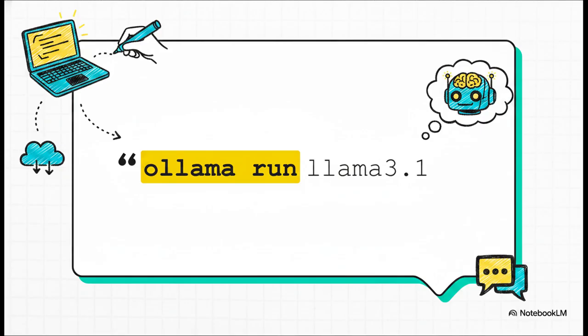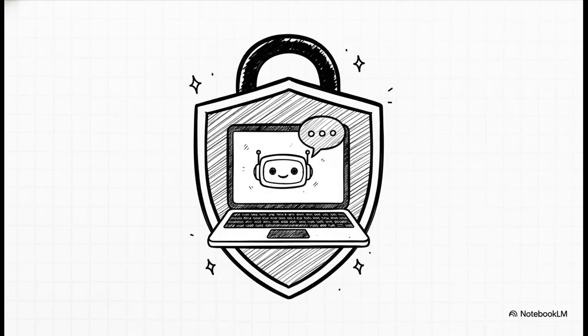Now here's the best part. Ollama is smart. It'll check if you have that model. If you don't, it just automatically downloads it for you, loads it up, and boom, you're dropped right into a chat. And just like that, you're doing it. You are now in a direct conversation with a state-of-the-art AI model that is running completely, 100% privately, right there on your machine. Nobody sees it, nobody else has access, it is all yours.